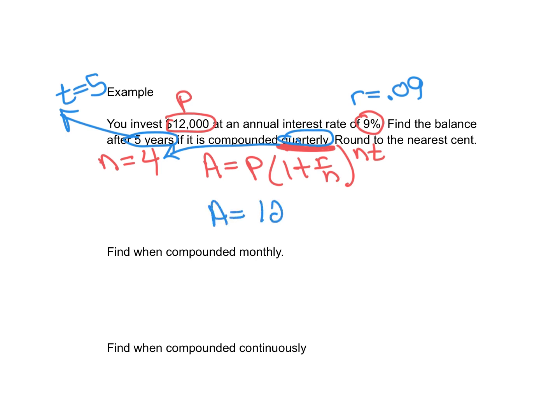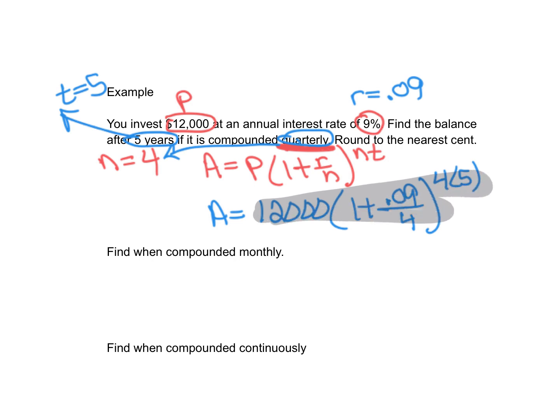You have 12,000 times 1 plus 0.09 over 4 to the N times T, which is 4 times 5. And you can put this all in your calculator exactly like this with parentheses and exponents and using the fraction button to make sure you're putting in the fraction correctly.